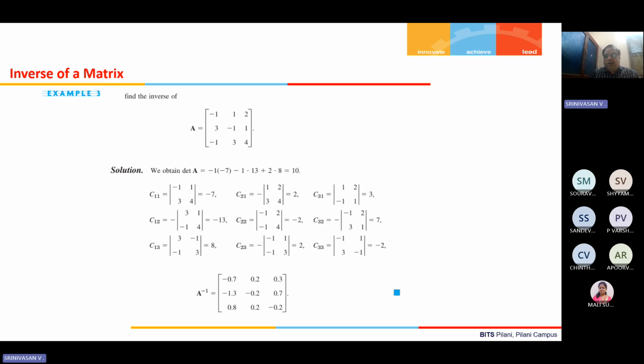Then you have the matrix of cofactors, transposed.